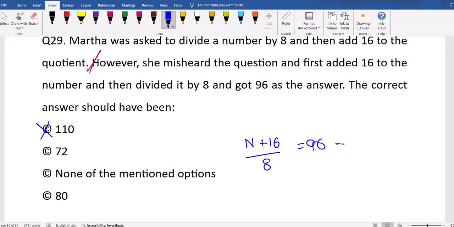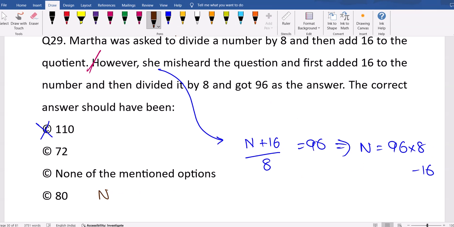This is what she did. So the number she mistakenly took must be 96 into 8 minus 16. Now, if I do the correct process, my number should be divided by 8, then add 16.